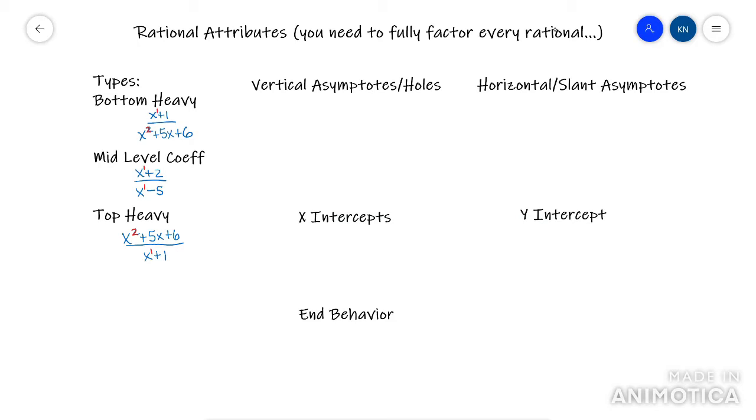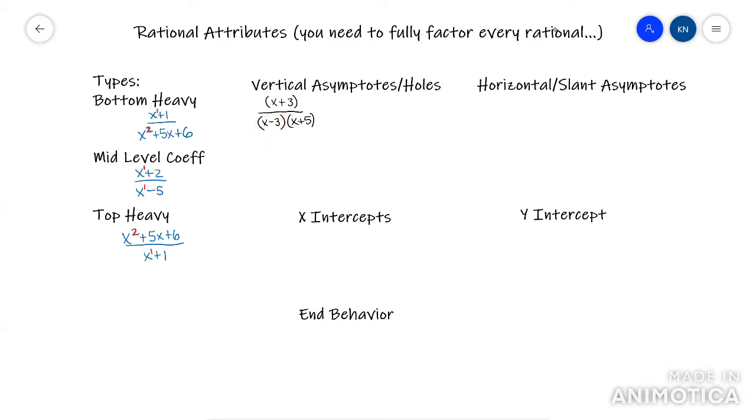All right, rational functions generally have vertical asymptotes. You get the vertical asymptote by factoring the rational function fully and setting the bottom factors equal to 0 and solving.